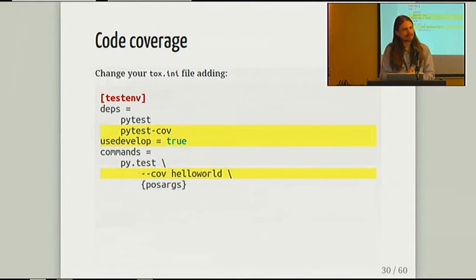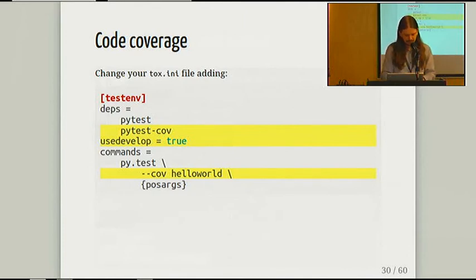Now adding code coverage calculation. So when you're testing, it's also useful to have the code coverage calculation. It tells you what parts of the code were executed, what lines of the code were executed while running your tests, so you can see if there are some parts of your code that you're not testing against.